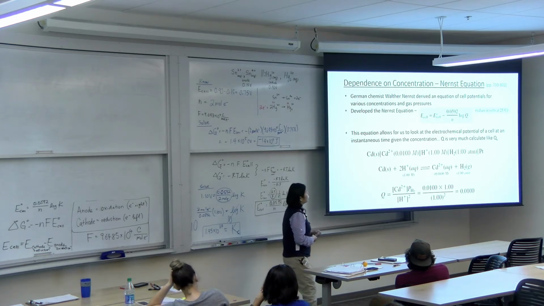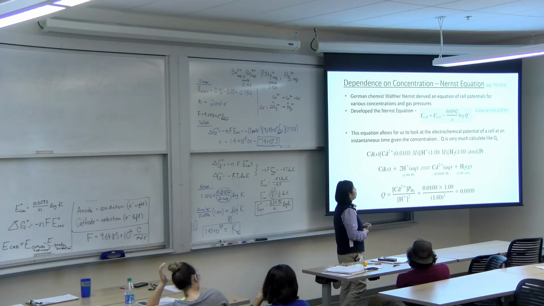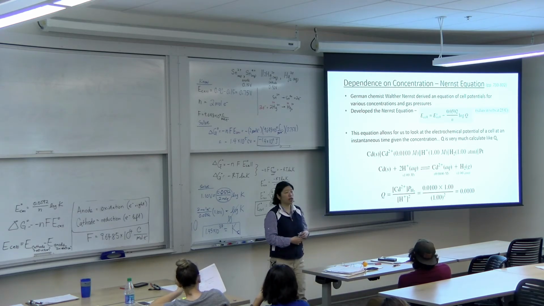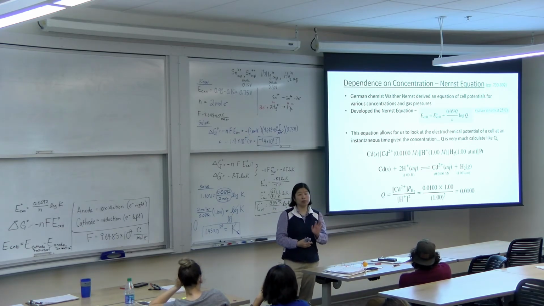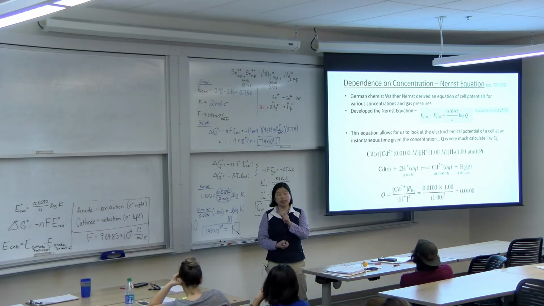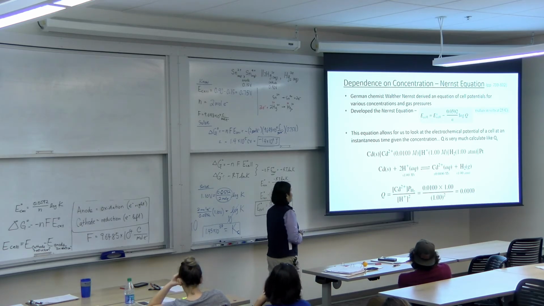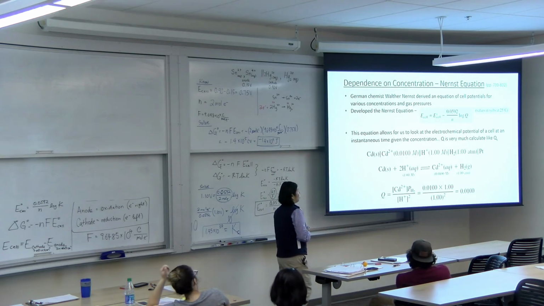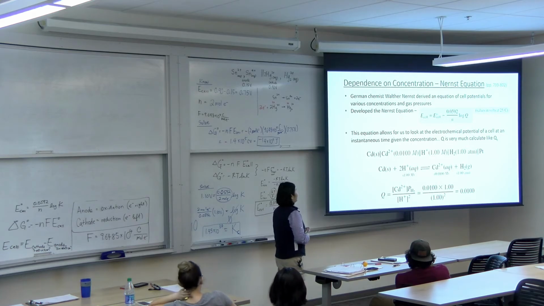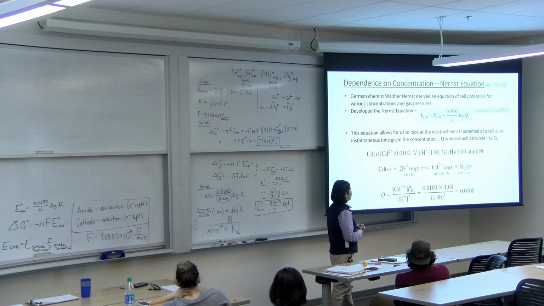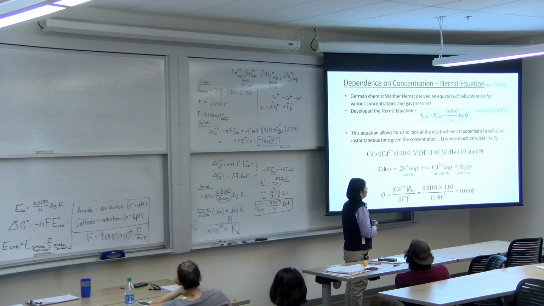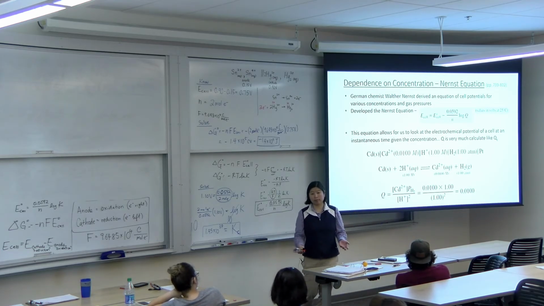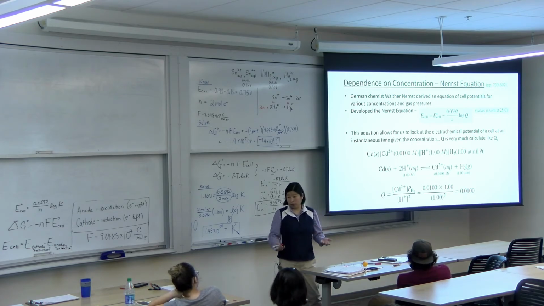But it is equal to the standard E cell minus 0.592 divided by n log of Q. Remember, Q means that it is not at equilibrium. Very good. So this allows us to look at the electrochemical potential of a cell at an instantaneous time given the reaction, where Q is very much like you calculate Qc, products over reactants, just like Kc, but not at equilibrium.